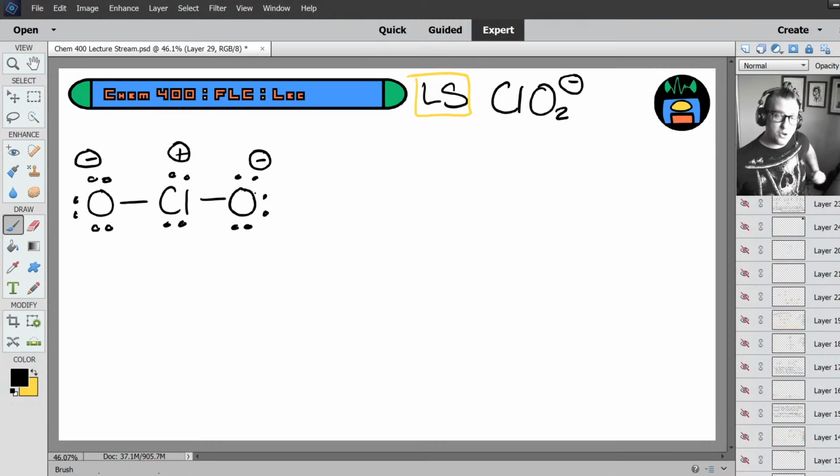Now, you may be wondering, how do I know whether or not my formal charges can be minimized? The answer to that question is you can draw a better resonance structure.